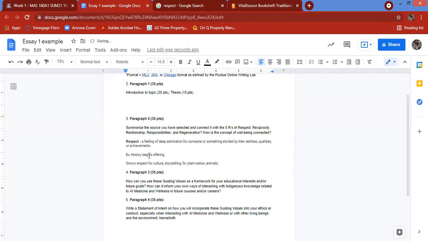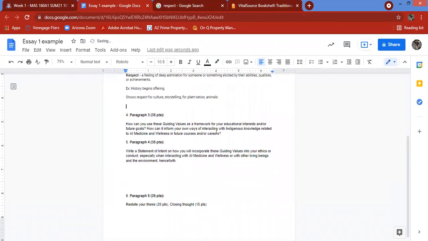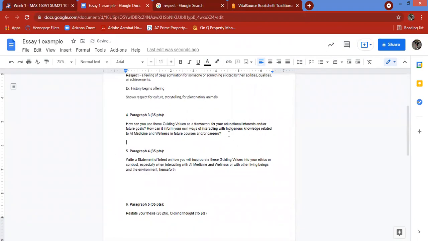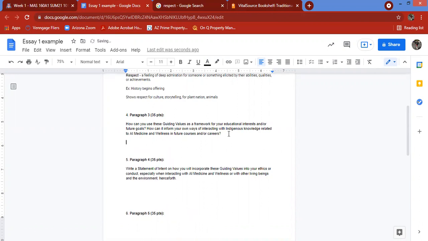or whatever have you. Okay, so then the next paragraph, it says here, how can you use these guiding values of framework for your educational? So this is where you break away from the class and you start focusing on yourself and where you are in your education. And I am going to pretend like I'm in nursing.